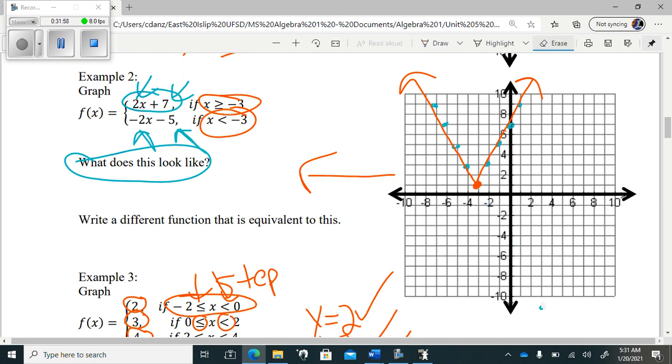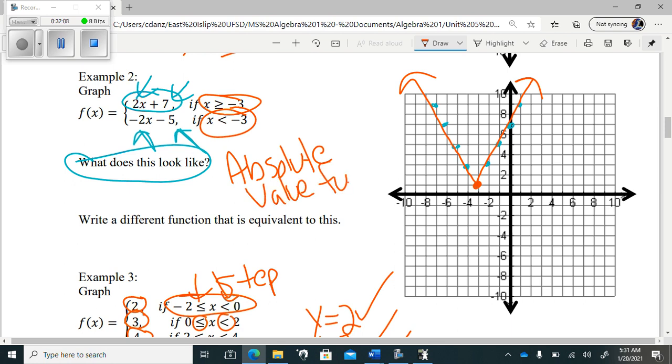So now we know why it asked the question, what does this look like? Doesn't it look like an absolute value function? So since it looks like an absolute value function, I can write a different function that's equivalent to this. I'm going to write my absolute value function in vertex form.